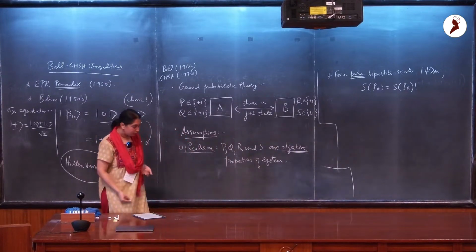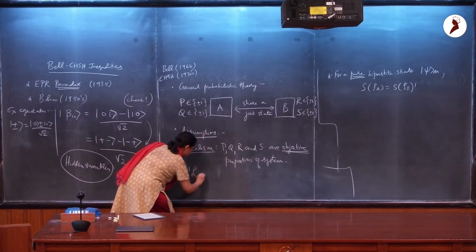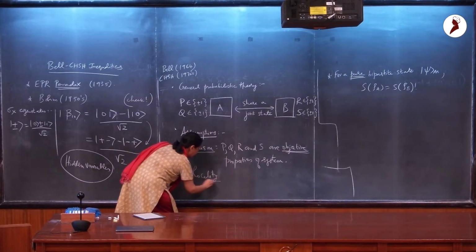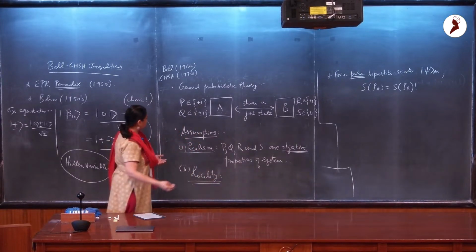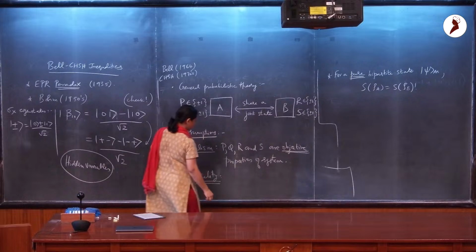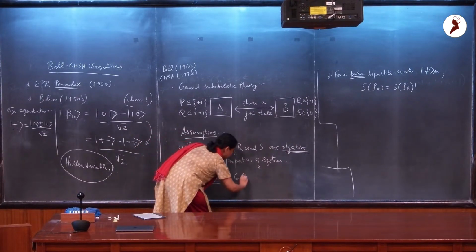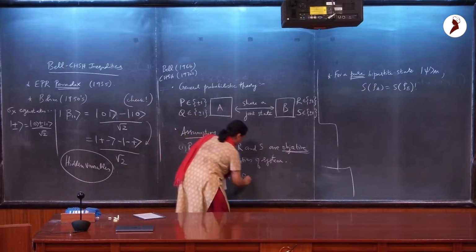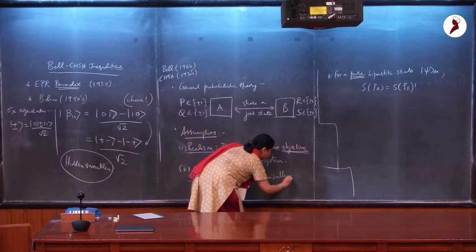And the second, of course, is locality, which we also believe physical theories should have. So the subsystems A and B are causally disconnected, outside each other's light cones.